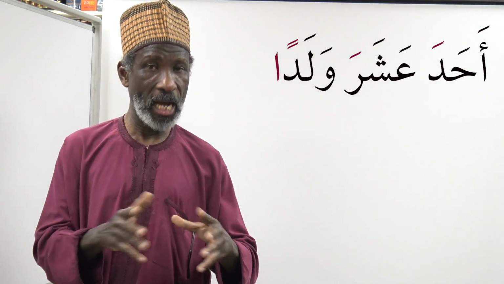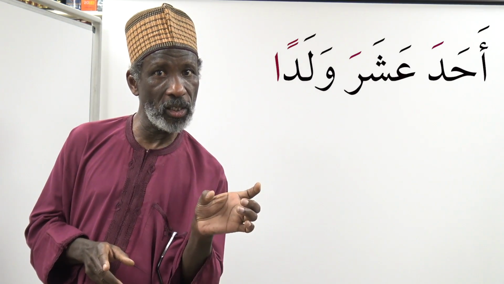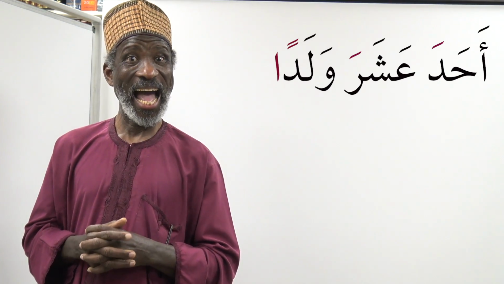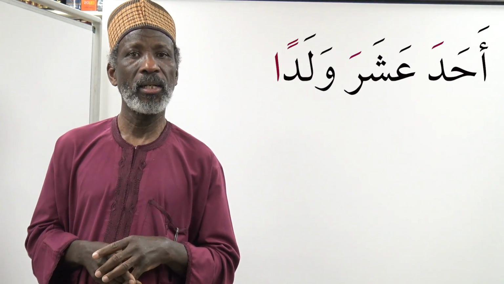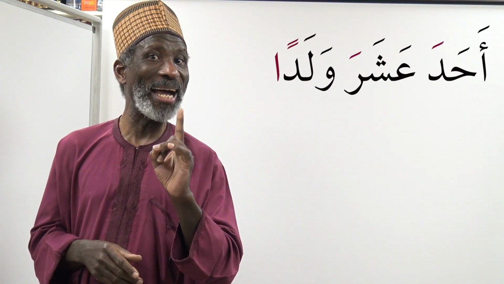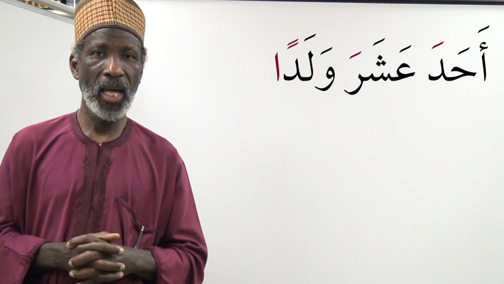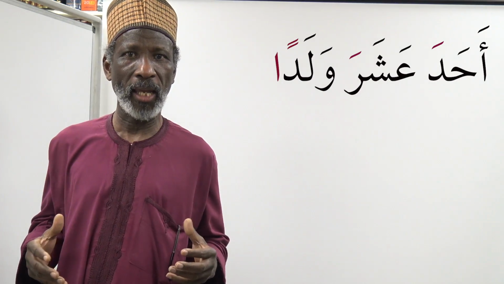So ahada, and then number 10 here needs to be masculine as well. Ahada ashara, and then the boy, you say waladan. Oh, a lot of rules embedded there. Let's unpack it.